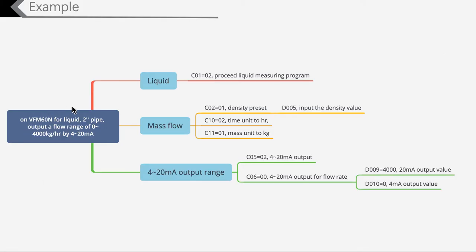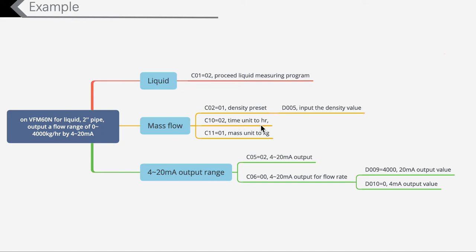Take this case for example, our VFM60 standard meter for liquid measurement required to output a mass flow by 4 to 20 with 0 to 4000 kg per hour. So that is for liquid measurement, so we preset a liquid measurement program. And mass flow, we need to preset a density value.